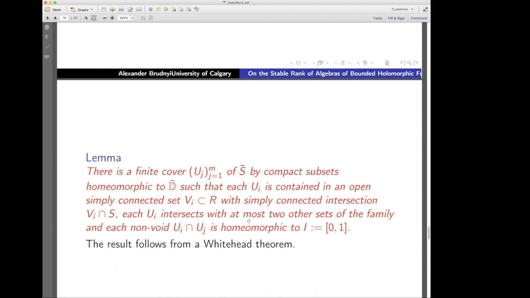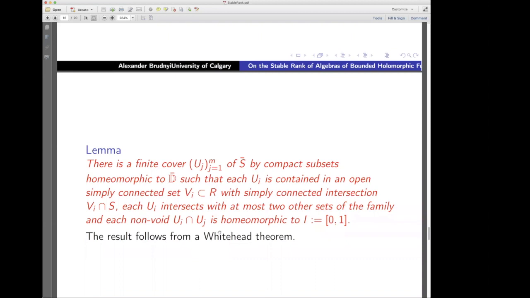Moreover, each Ui intersects at most two other sets of the family, and each non-void intersection Ui Uj is homeomorphic to the closed interval [0, 1]. This result can be obtained from Whitehead's theorem.